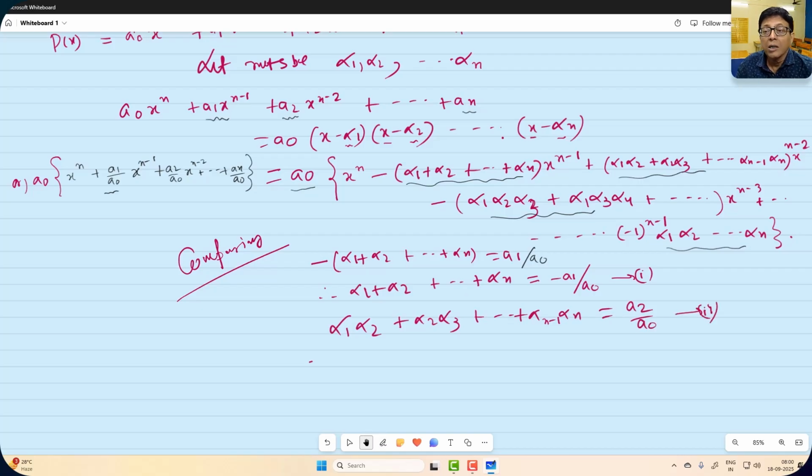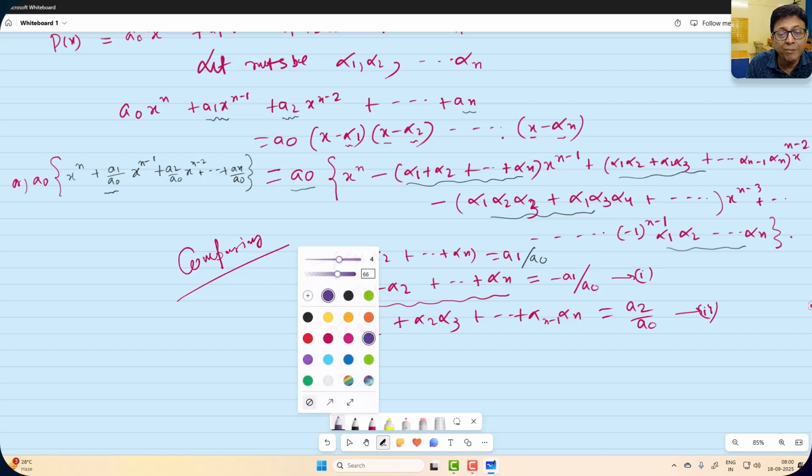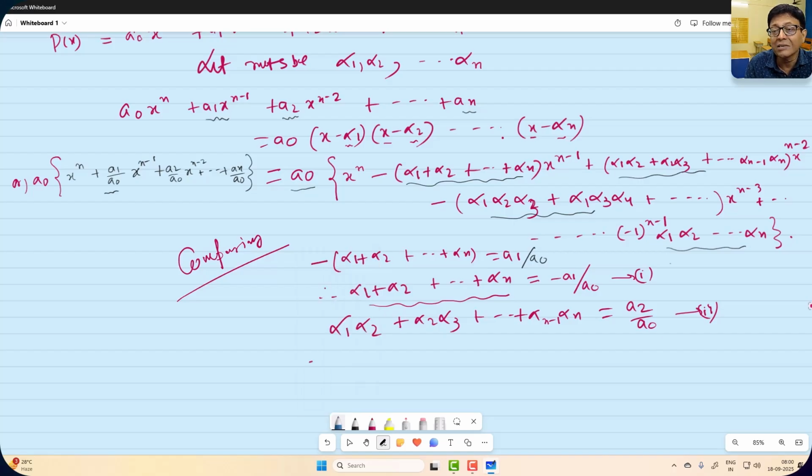Okay? Now, we must favor the use of sigma sign. We want to write sum of all the roots taken one at a time using sigma sign. So how can we write this? If we want to write it by using sigma sign, it simply changes to sigma alpha 1 equal to minus a1 by a0.